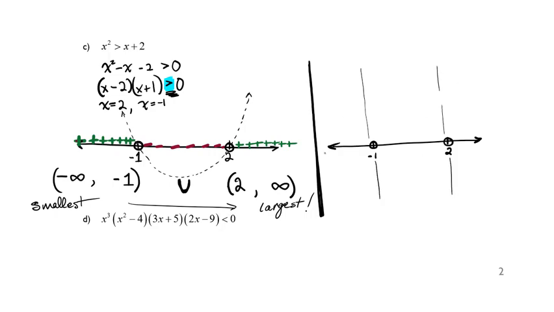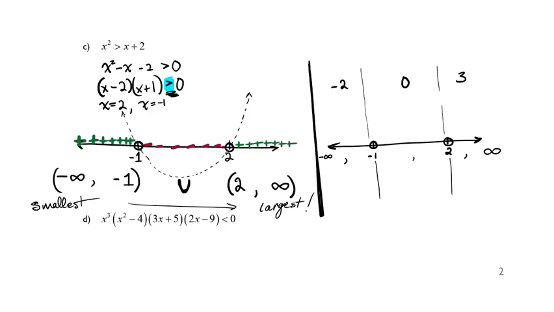The interval from negative infinity to negative 1, the interval from negative 1 to 2, and the interval from 2 to infinity. And now I pick test points or test values. So I'll use negative 2 for the left interval, 0 for the middle interval, and 3 for the third interval, or the interval to the right.